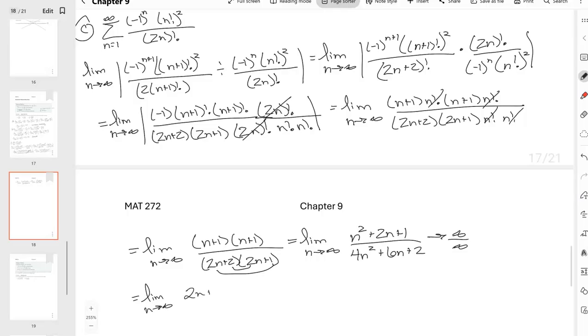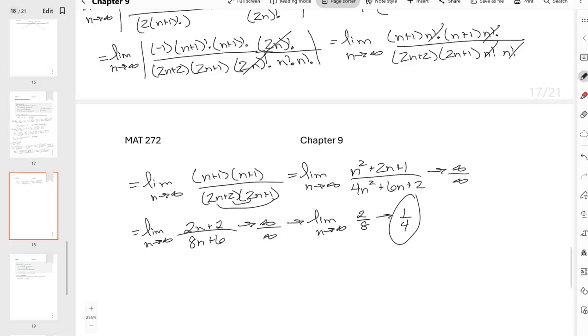So I'm going to get 2n plus 2 over 8n plus 6. Again, it's infinity over infinity. So I'm going to use L'Hopital's again. And I'm going to get 2 over 8, which reduces to 1 over 4. So that limit's going to be 1/4.